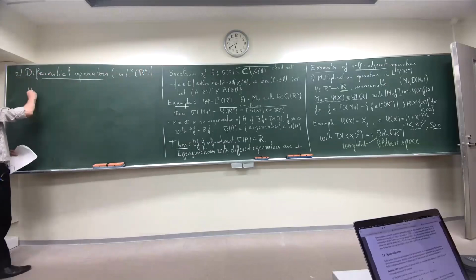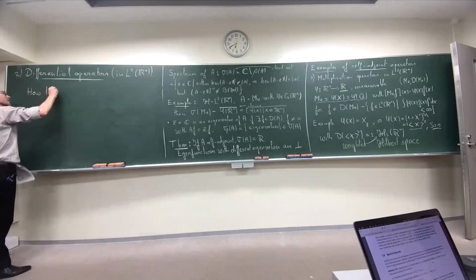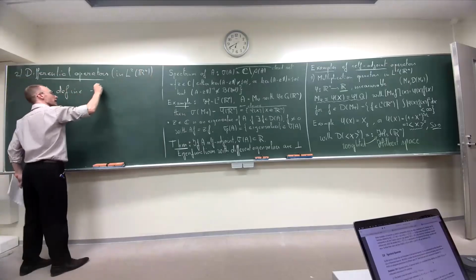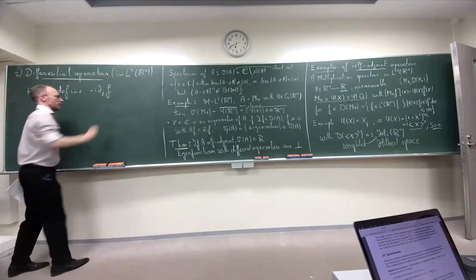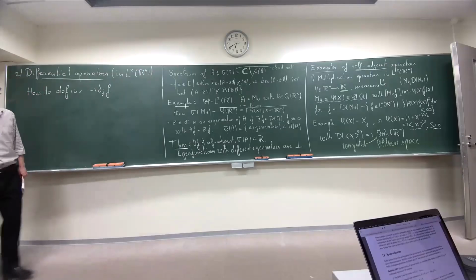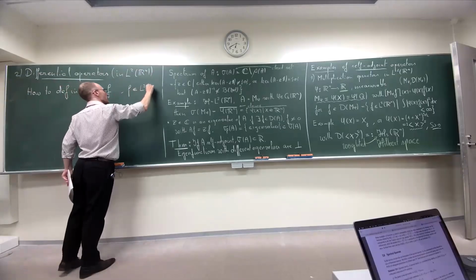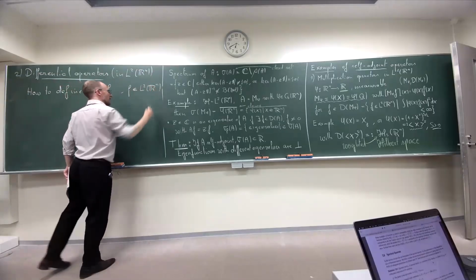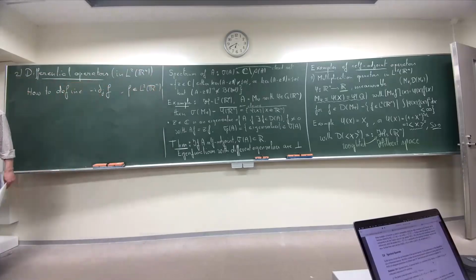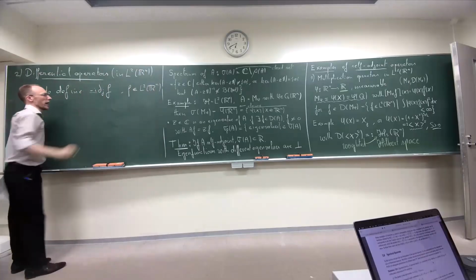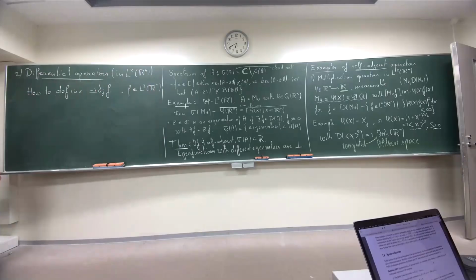How to define this? I want to define minus i d_j for f in L2 of Rn. So this is the derivative with respect to the j-th variable, and for some reason we multiply by minus i.